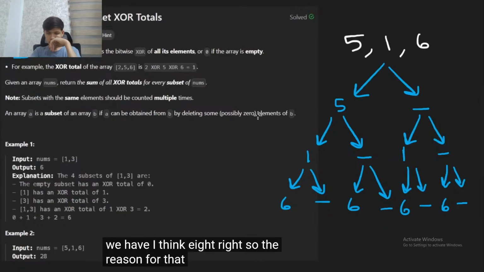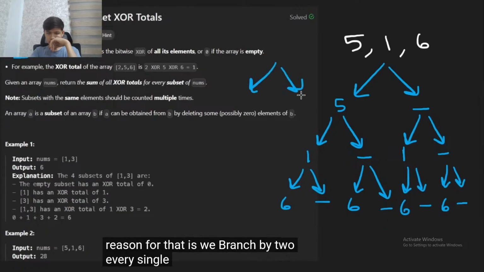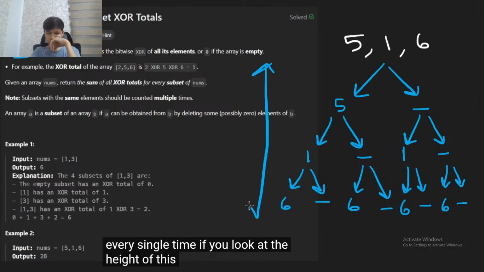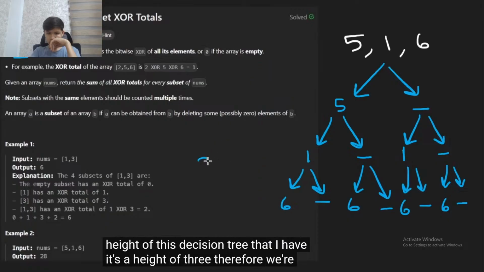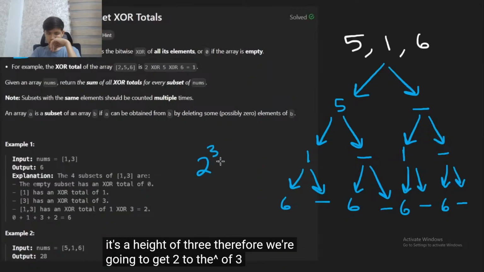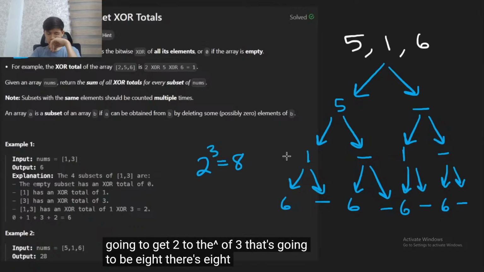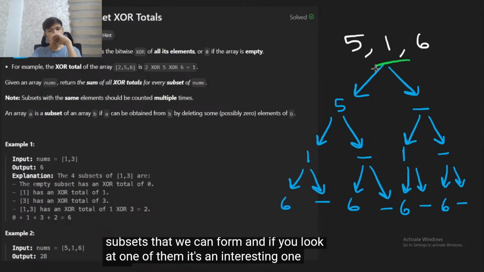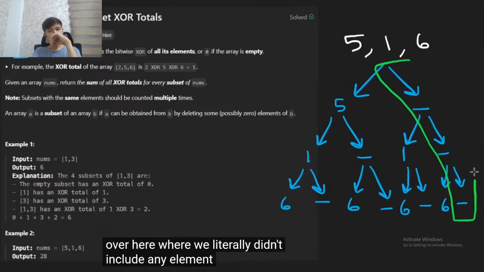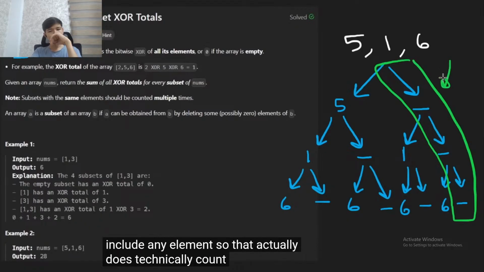The reason for that is we branch by 2 every single time. If you look at the height of this decision tree that I have, it's a height of 3. Therefore, we're going to get 2 to the power of 3. That's going to be 8. There's 8 different subsets that we can form. And if you look at one of them, it's an interesting one over here where we literally didn't include any element. So that actually does technically count as a subset.